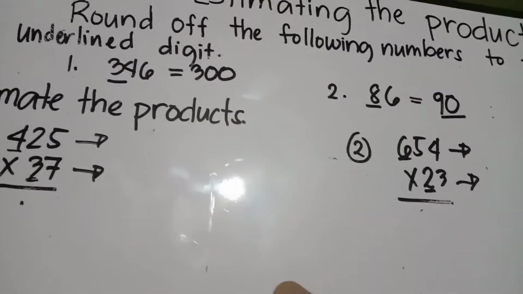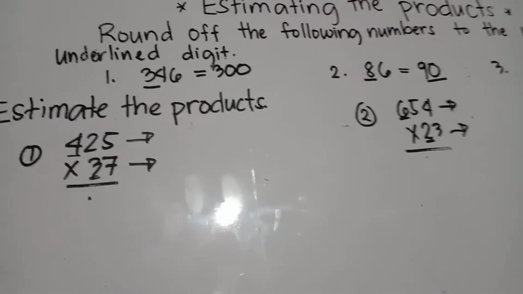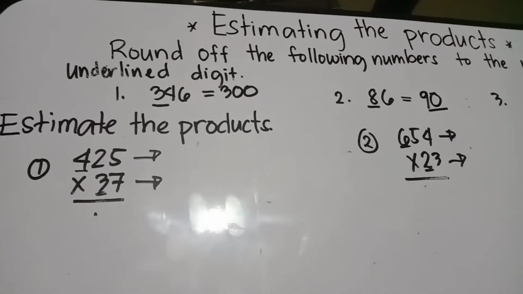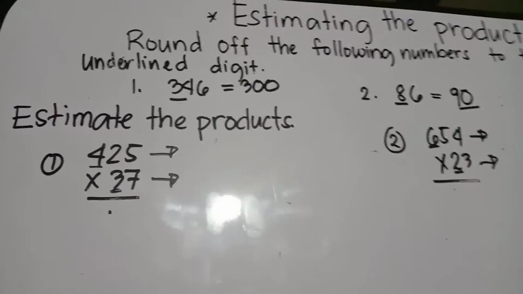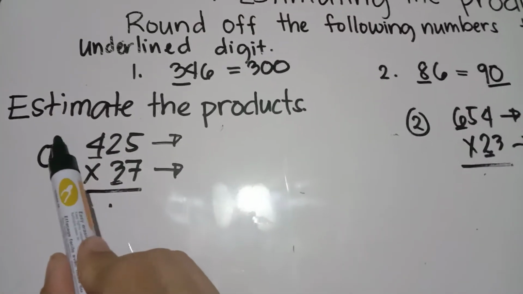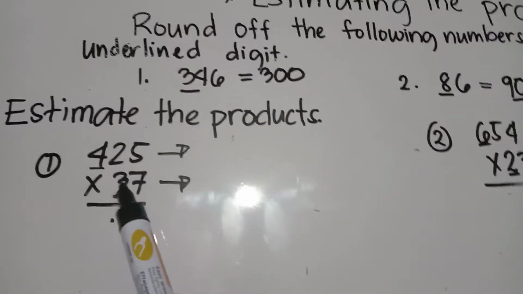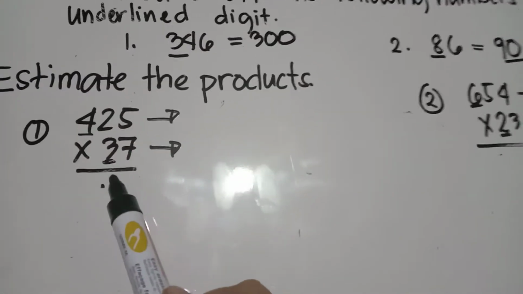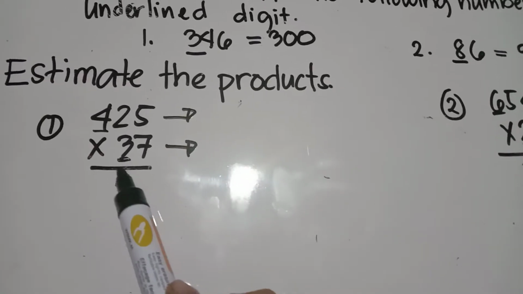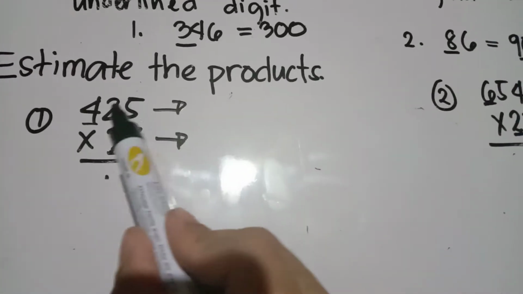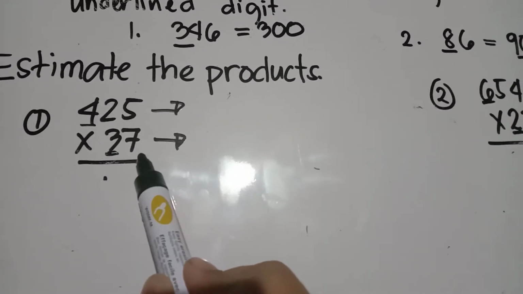Next, let us proceed to our topic this time, which is estimating the products. Direction, estimate the products. Number 1, 425 times 37. So we are going to estimate the product of 425 and 37.